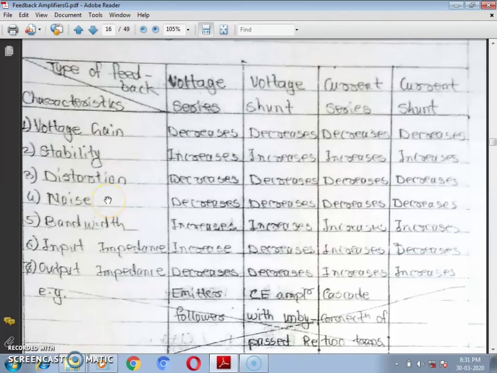Distortion, noise and bandwidth remain constant for all configurations. The only change is in input impedance and output impedance. For series configuration, input impedance is given as Rin times 1 plus KA, whereas for shunt configuration it is given as Rin divided by 1 plus KA, so it is decreased. Output impedance decreases similarly.